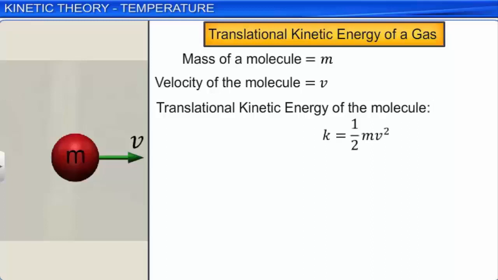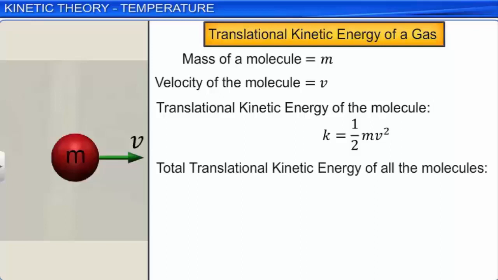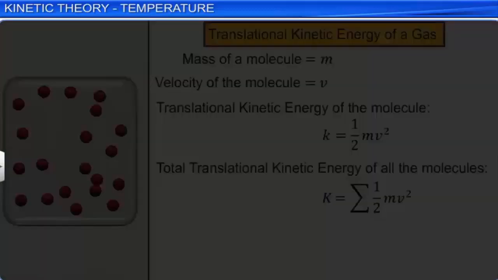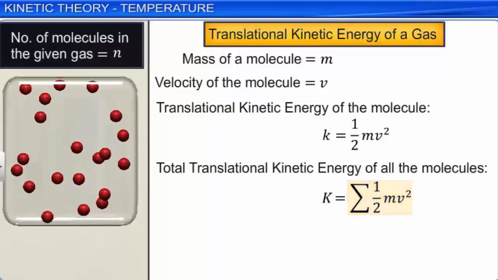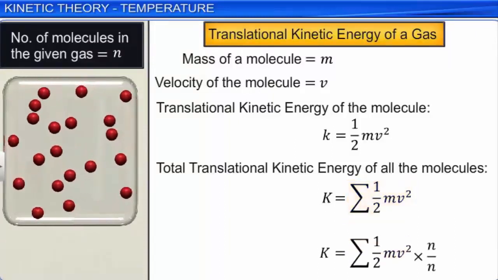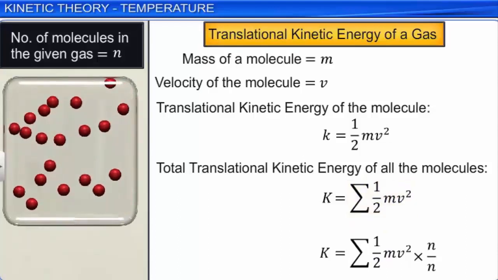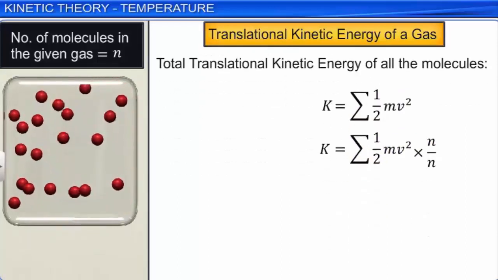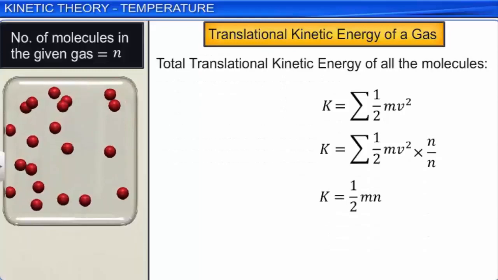Total translational kinetic energy of all the molecules is K is equal to sigma half mv square. If the numerator and denominator on the right side of the above equation is multiplied by n, this can be written as K is equal to half mn multiplied by sigma v square by n.